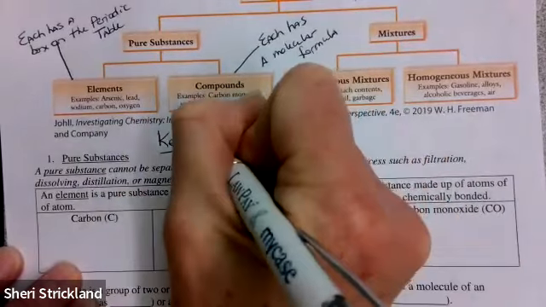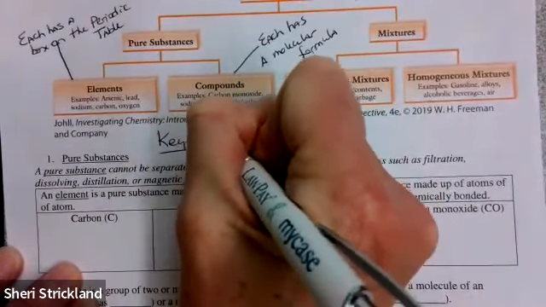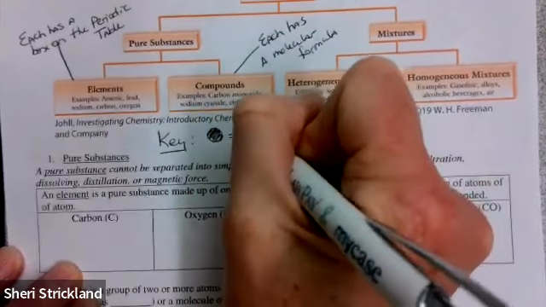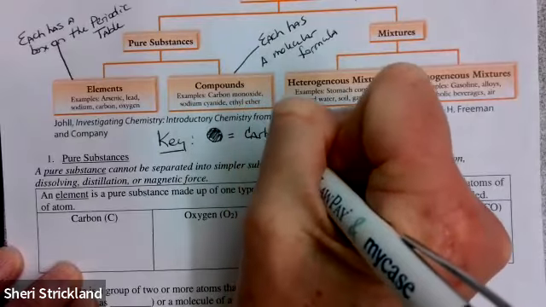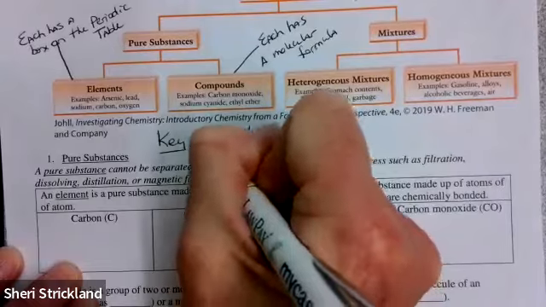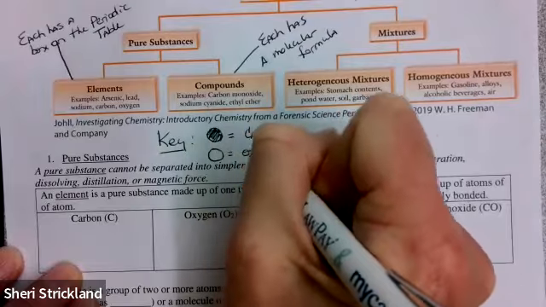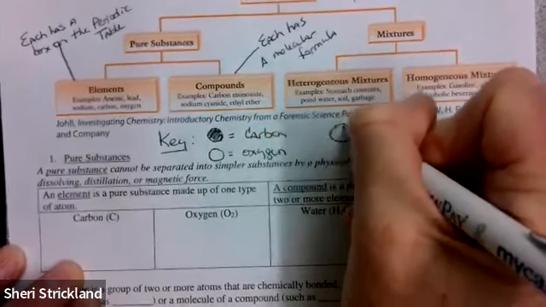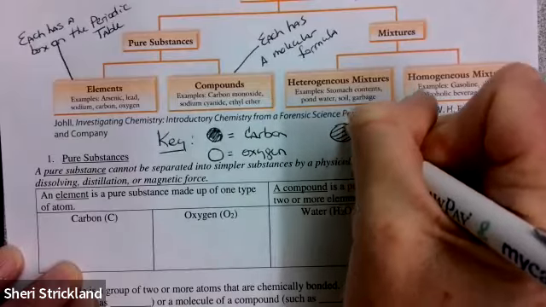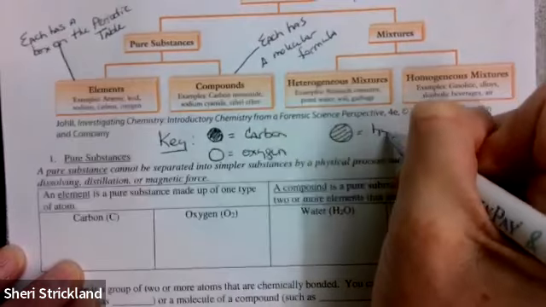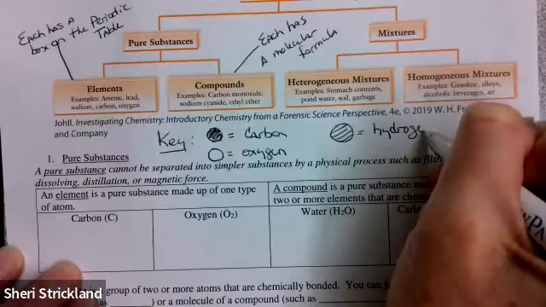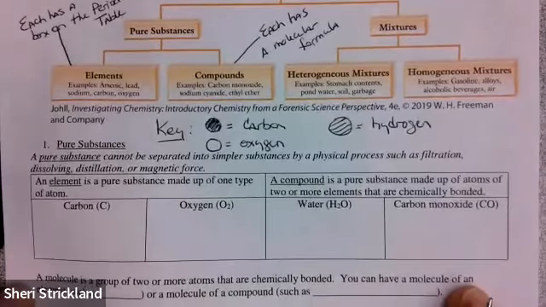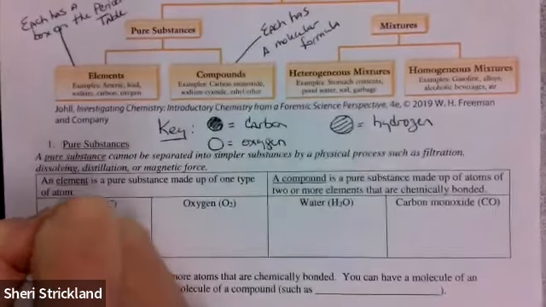And we'll use a completely filled up circle to be carbon, and a completely open circle to be oxygen, and a circle with stripes to be hydrogen. Now, a lot of elements exist as individual atoms. And so carbon is one of those.